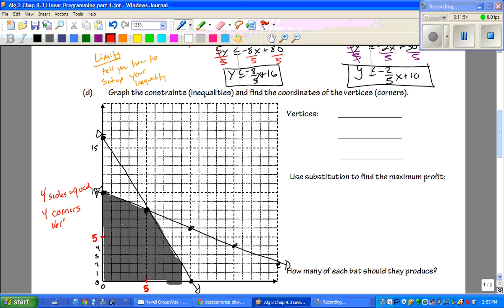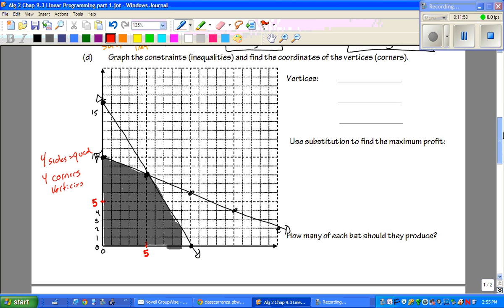And those corners are called vertices, okay? Now, let's take a look at the 4 corners. There's one right there. There's one right there. There's one right there. And there's one right there. But why do I only have a spot for 3?